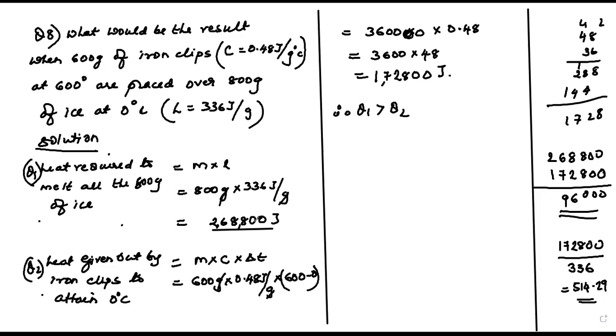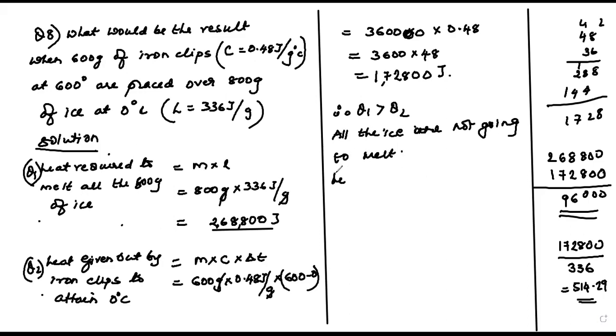2,68,800. That means this Q1 is much greater than Q2, or not? That means all the ice is not going to melt.